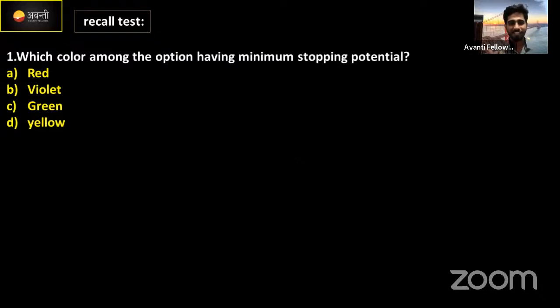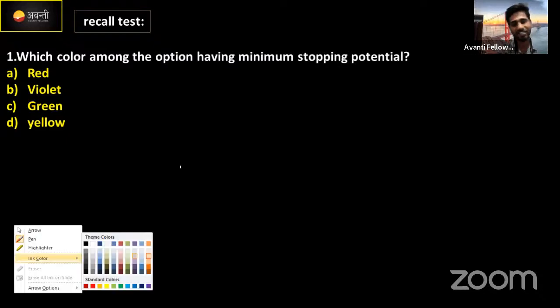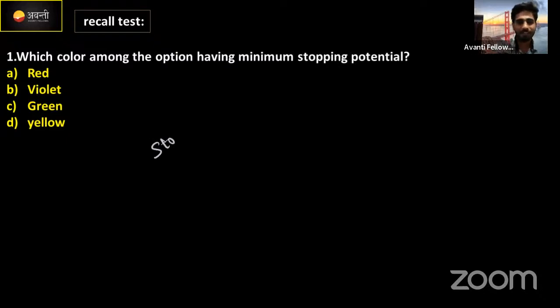Stopping potential, how does it depend? On energy. Correct? Stopping potential is proportional to the energy.